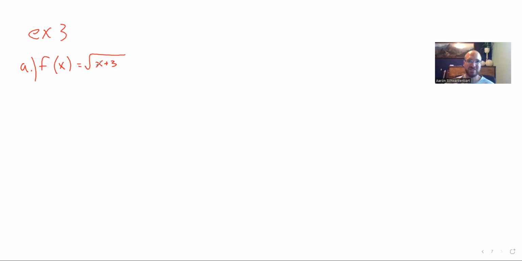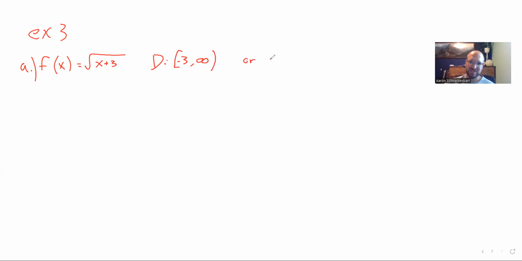If x is 0, it's positive. If x is -1, I've got square root of positive 2. That's fine. If x is -2, square root of 1, that's fine. If x is -3, square root of 0. That is 0. That's okay. However, by -3.1, I've got square root of -0.1. That's not okay. So my domain, I'm going to write this in interval notation, is -3 to infinity.